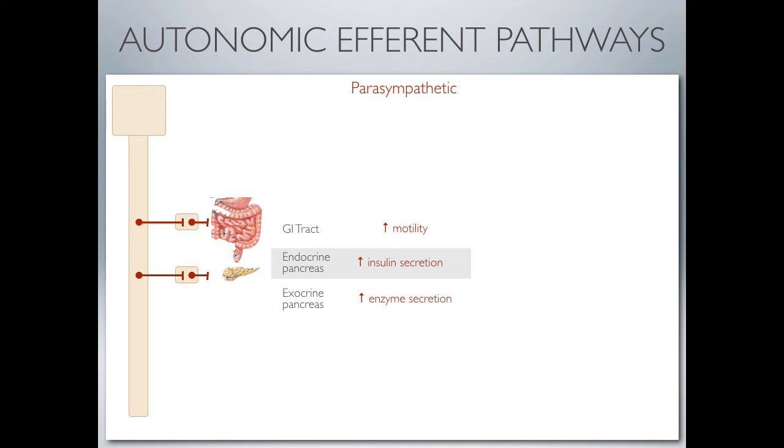That also is upregulated via parasympathetic pathways. Again, we'll get into the details later, but that also happens in the pancreas. So the pancreas not just secretes stuff, but also plays a role in the energy balance of the body.